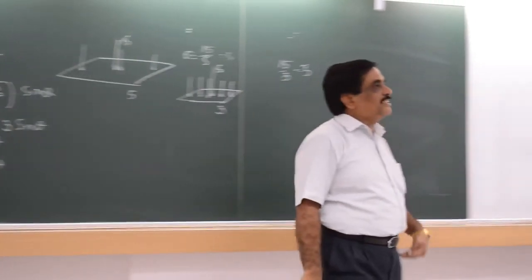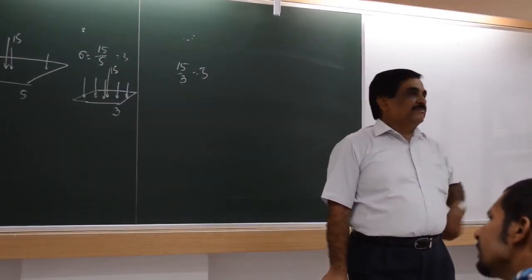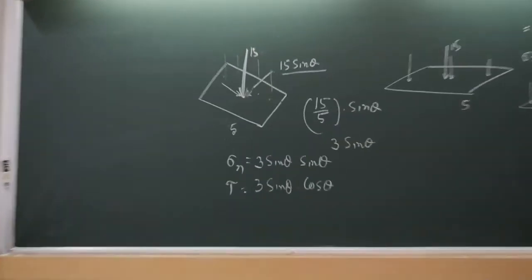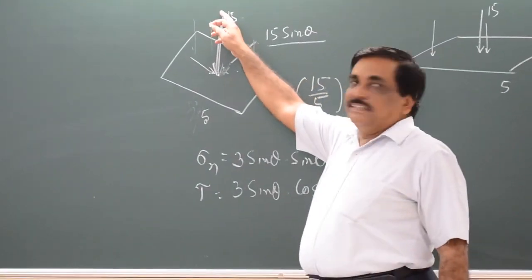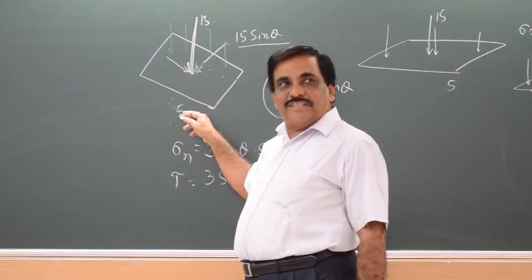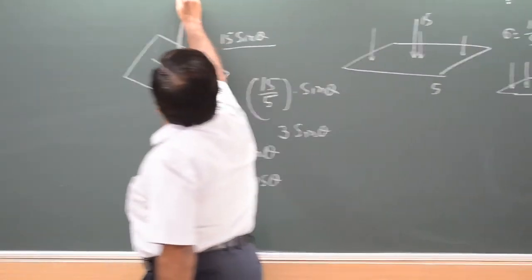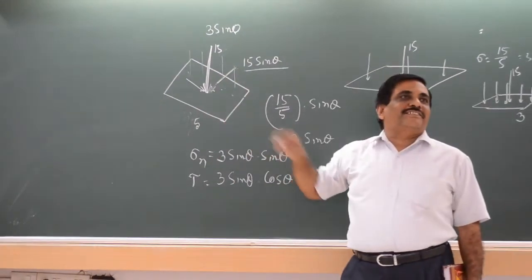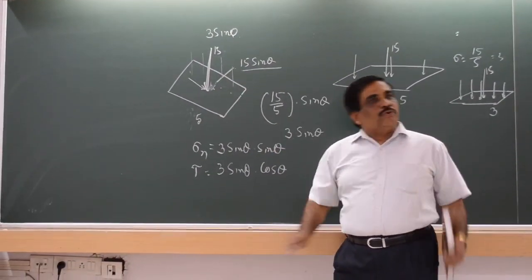One more sin theta is here. Now what is the stress? 15 by 5, 3 sin theta. 3 sin theta is really working in this direction. The force is 15.